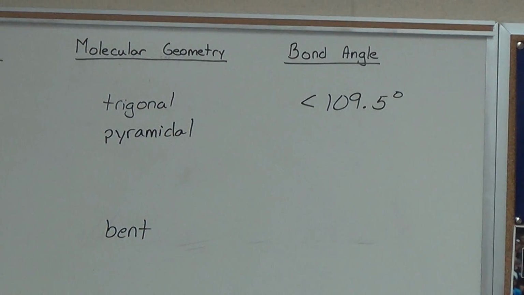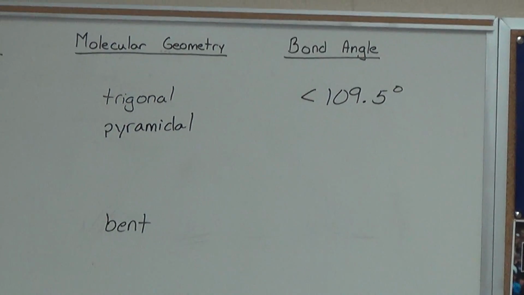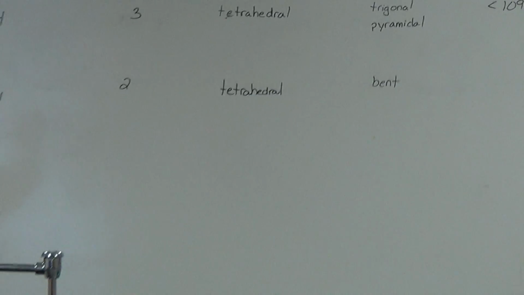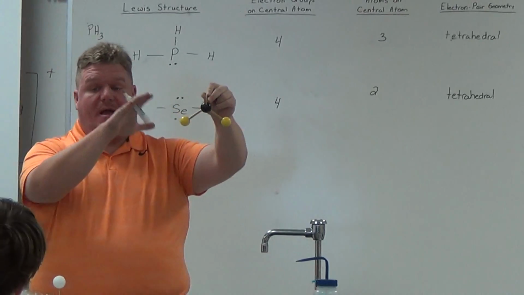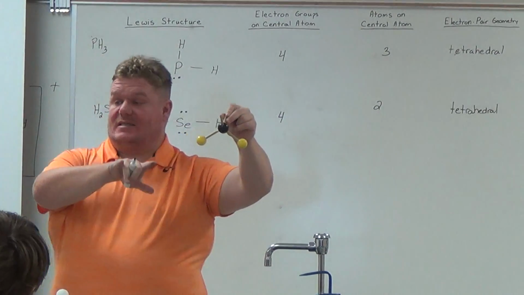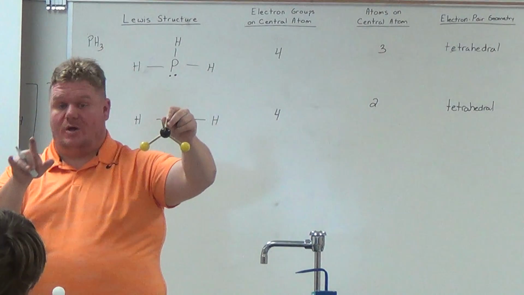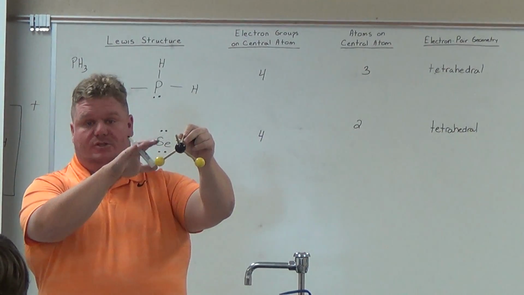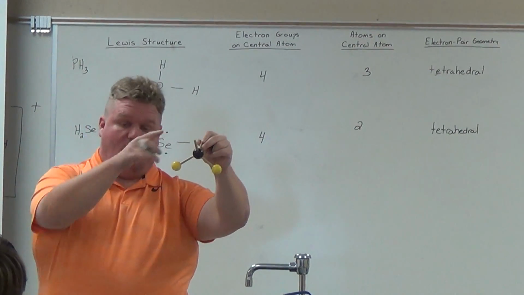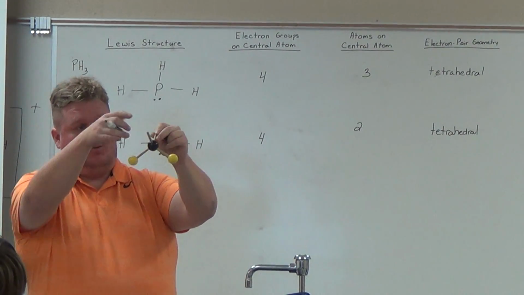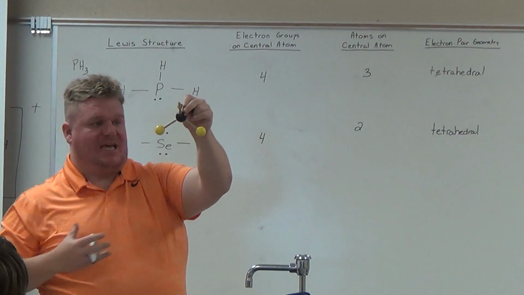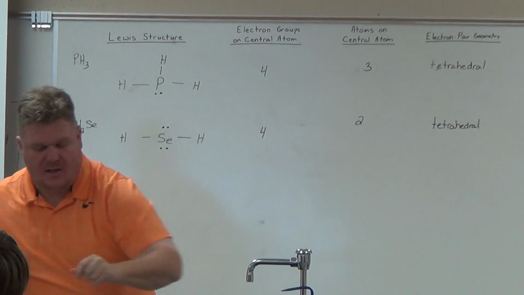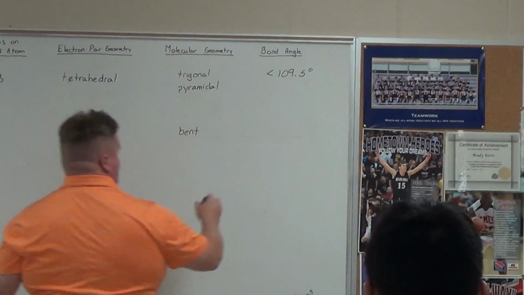Notice this bond angle is different from the other bent geometry because the basic electron pair geometry has changed. Previously we were trigonal planar and that was 120, so less than 120. This is tetrahedral, so 109.5, now less than 109.5 because these lone pairs are going to squeeze these atoms down just a little bit.